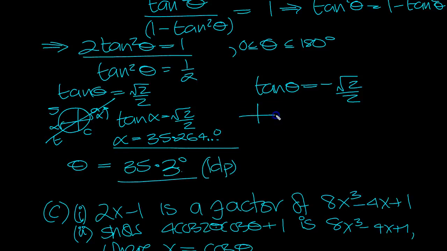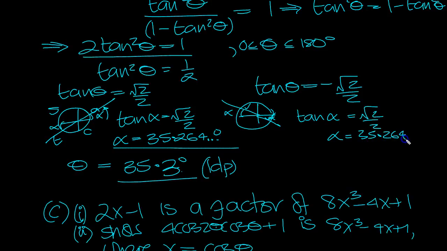And this one, tan is negative in here, so it's there and there. Alpha. Tan alpha then is equal to root 2 over 2. Alpha is equal to 35.264 once more.